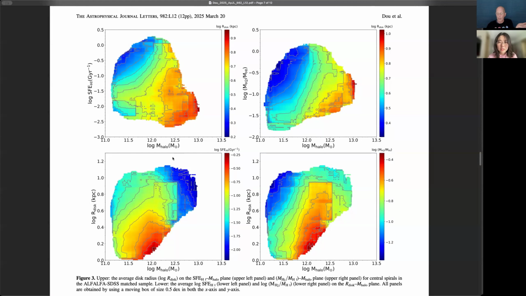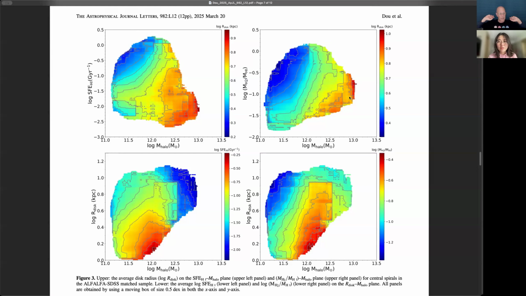A more extended disk will cause a lower H1-based SFE and a lower H2 to H1 ratio. So it basically tells us that the halo spin and halo concentration do have some impact on the gas conversion and the star formation, revealed by the disk size.